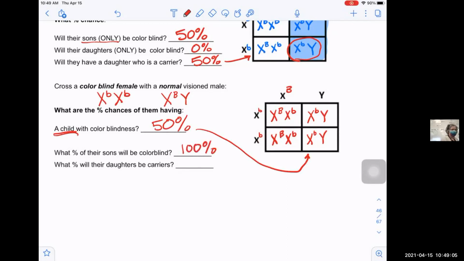So if the doctor says, congratulations, it's a boy, he's colorblind because mom was colorblind. And then what percent of daughters will be carriers? That's also 100%. Because remember, if mom has color blindness, she has to give her little b to her daughters. And if dad was normal visioned, then he gives his big B. So 100% of the daughters will be carriers.